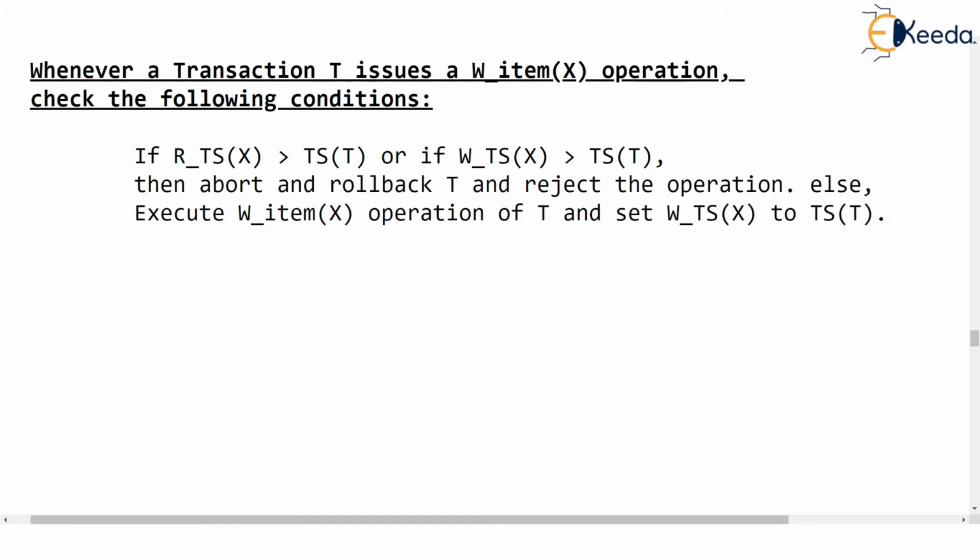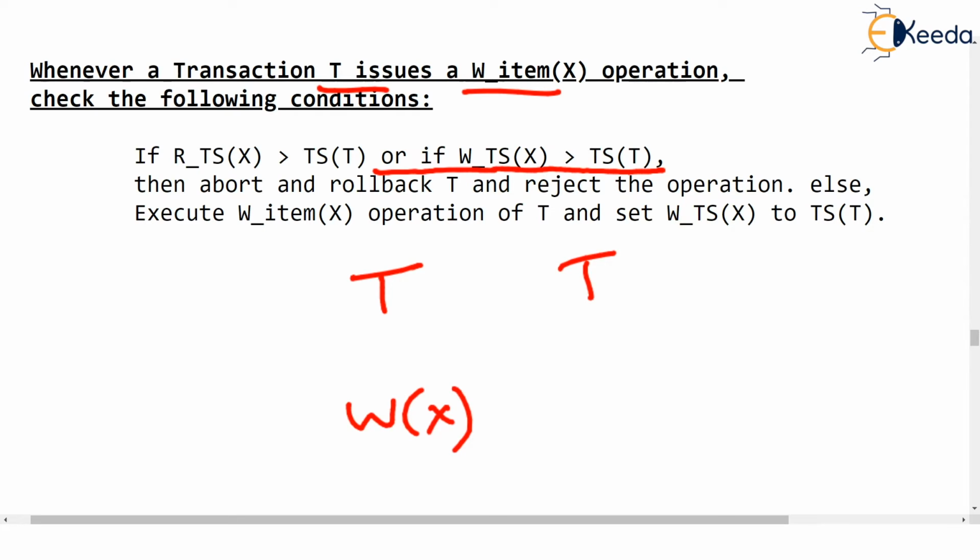Now you might have seen that there is one more condition here written using OR. It's very easy now. You can just understand why this condition has been written. To understand this, let's say again T issues a write request on X, and imagine there is some transaction which has already done write X, and T is an older transaction, T sum is a younger transaction.